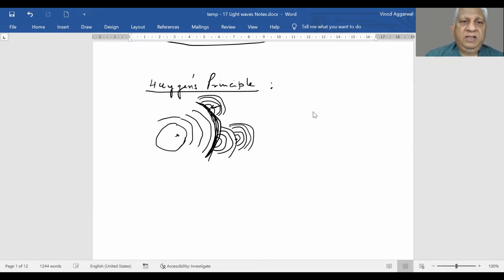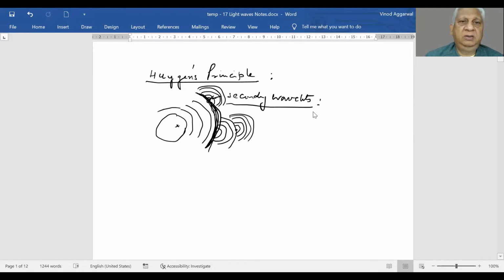When a wave front hits any surface, it creates secondary wavelets which behave exactly like primary source. And when these wavelets hit another surface, another series of wavelets will be produced. So the process goes on. This is in a nutshell the Huygens principle.